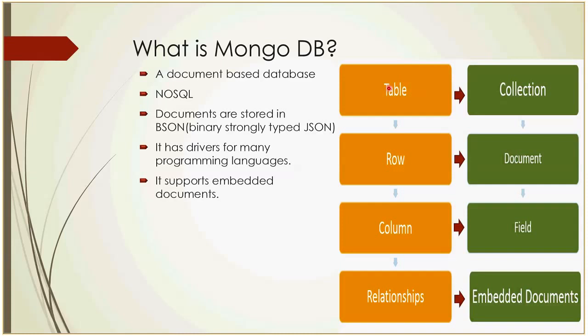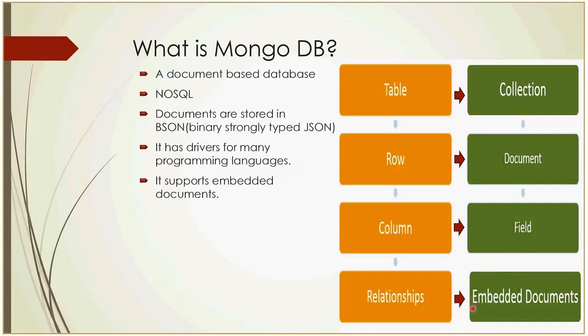So if there is a students table, there will be a students collection. And if there is a row, we treat it as a document in Mongo. So a record for a student is the same as a document for a student. Similarly, a column maps to a field. A first name or a last name column maps to a corresponding first name field or last name field. When we are talking about columns, we are talking about fields in Mongo.